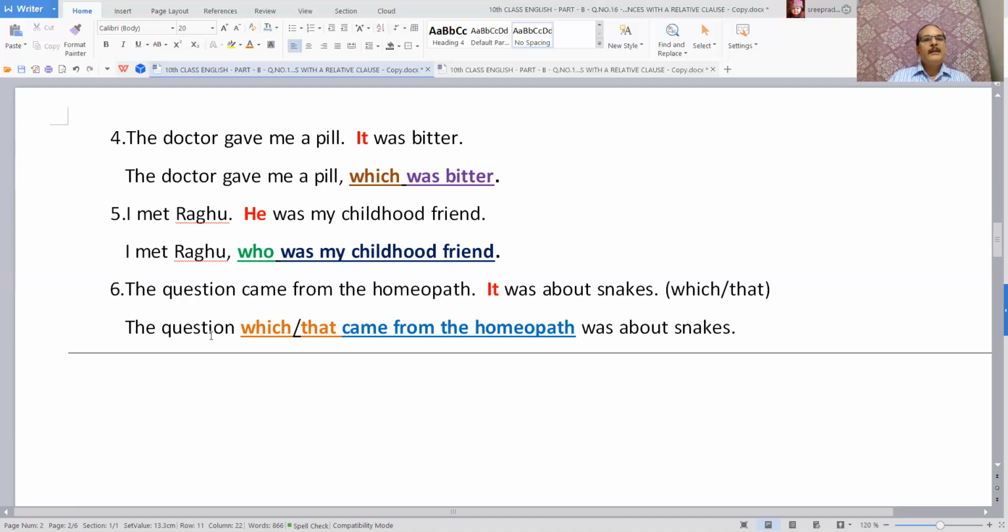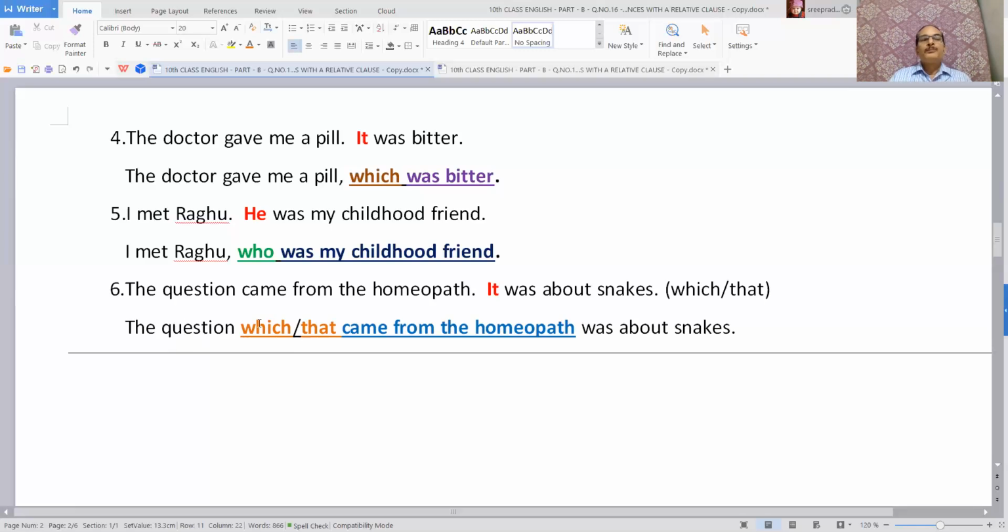The question, which or that, because to refer to something we can use which or that. So the question which came from the homeopath was about snakes. The question was about snakes. Which question? That came from the homeopath, or which came from the homeopath. So "that came from the homeopath" or "which came from the homeopath" is defining the subject, the question. So this is a defining relative clause here.